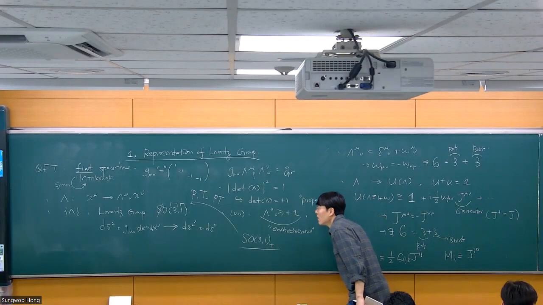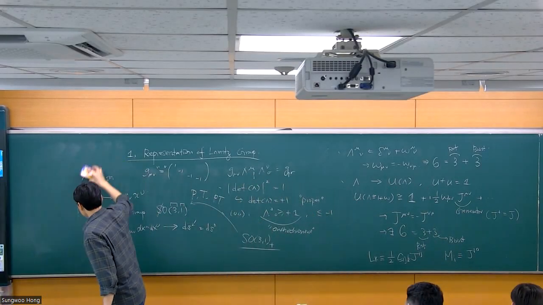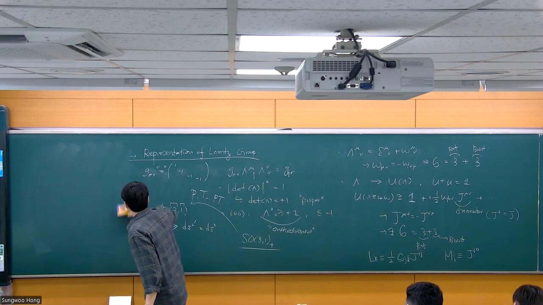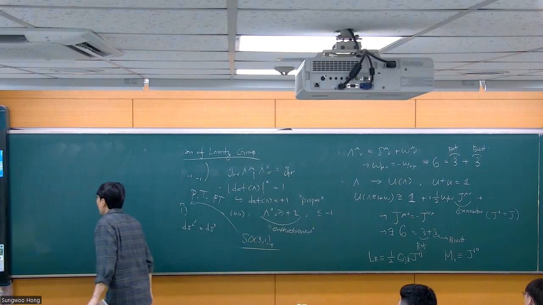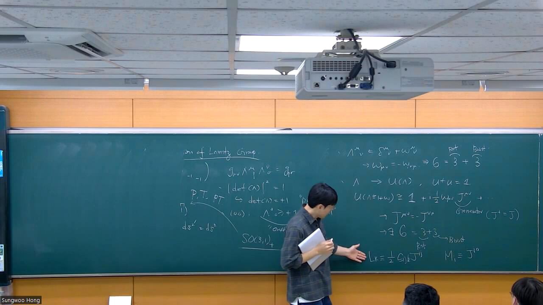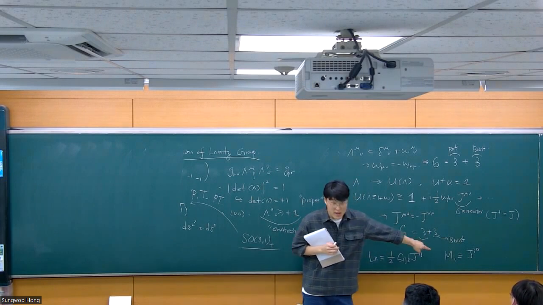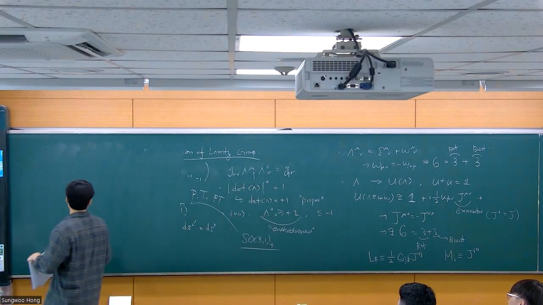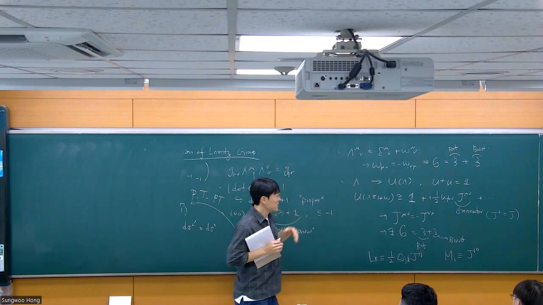Okay, now. Last semester we derived what sort of commutation relations these generators, L and M, have to satisfy, by studying how U should transform under the Lorentz group itself.